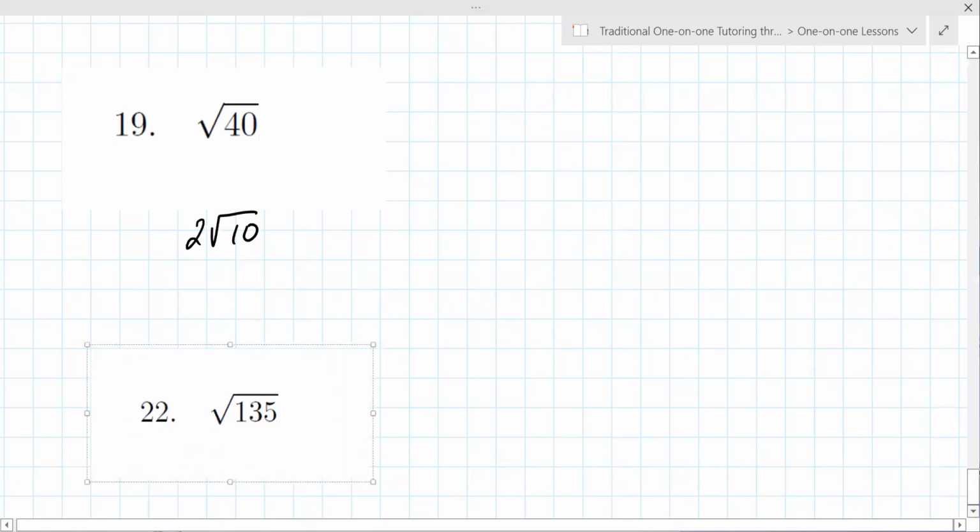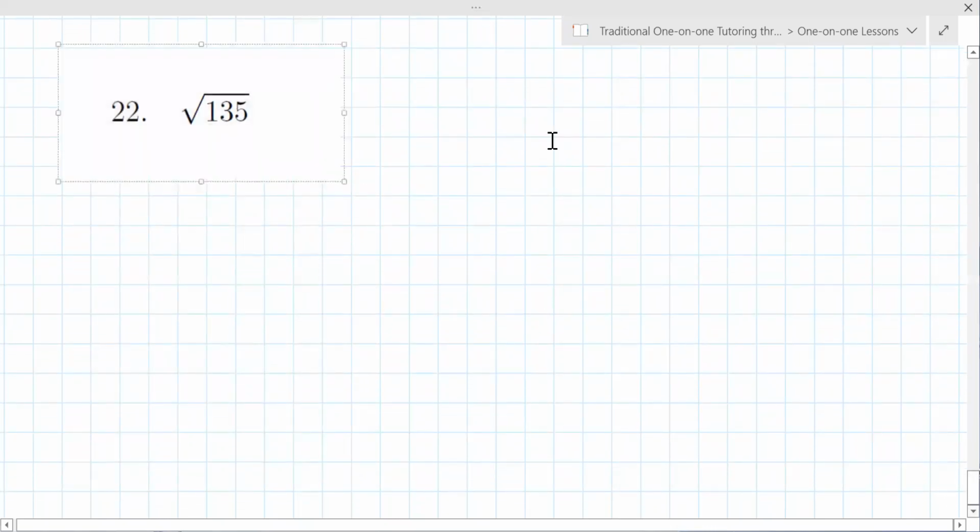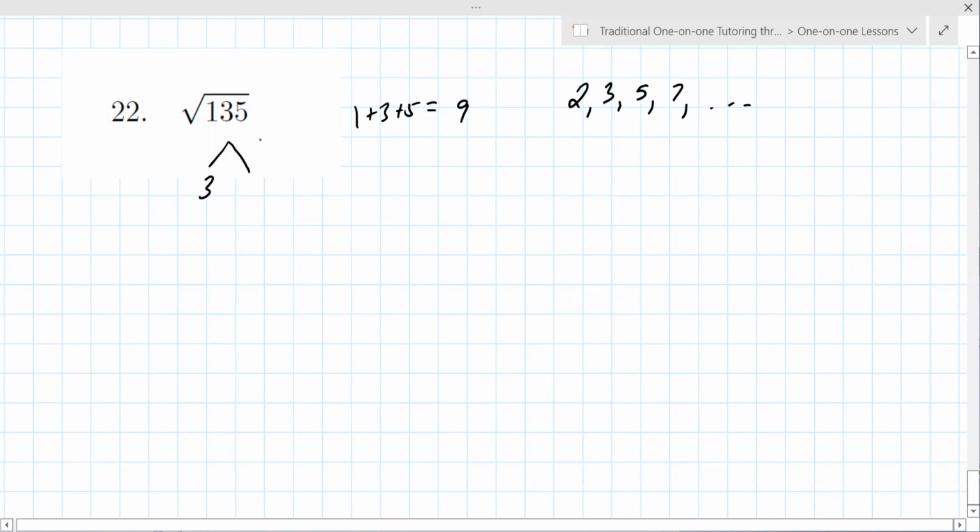Let's look at this next one together. What is the very first number that you should try that works? I tried 3. So what is 1 plus 3 plus 5? That's 9. And that's divisible by 3. So we know that works. Now, how's your division when you don't have a calculator?